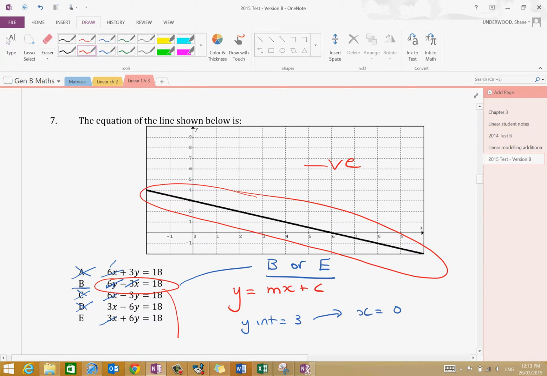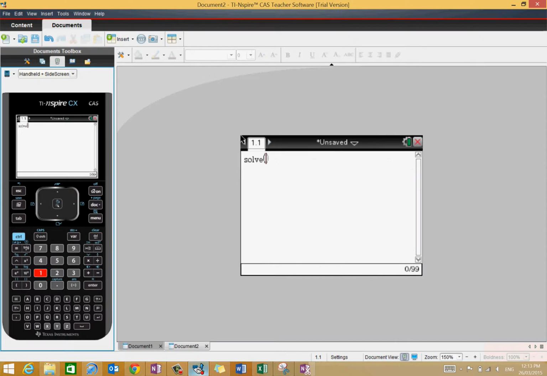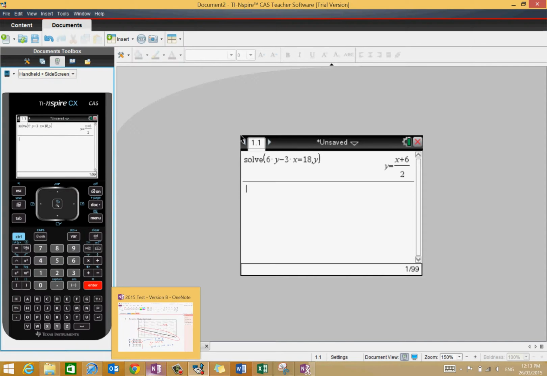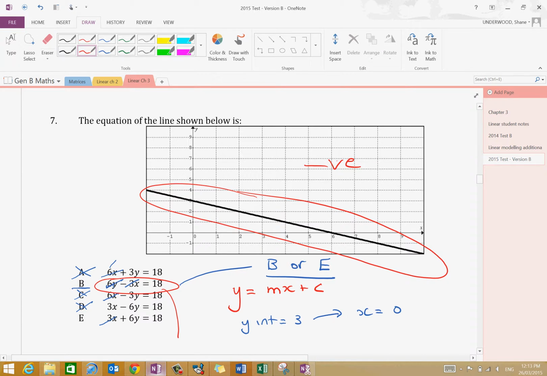If I go solve 6y minus 3x is equal to 18, what else do I do? Comma, what goes there? Shout it out. Comma y, thank you. Is that a positive line or a negative line? It's a positive line. So therefore, if it's not B, then it has to be E, because we've ruled out all the other options. So the answer to that is E.